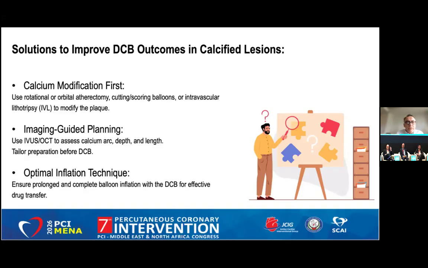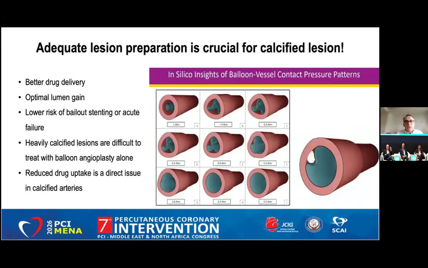We also have to make sure we have an optimal inflation technique, ensuring prolonged and complete balloon inflation with the drug delivery. If we have good lesion preparation, we will have better drug delivery, optimal lumen gain, and lower risk of bailout stenting or acute failure. But we have to know that heavily calcified lesions are difficult to treat with balloon angioplasty alone. We had better do DCB, and of course we have to pay some cost for reduced drug uptake in the long term.